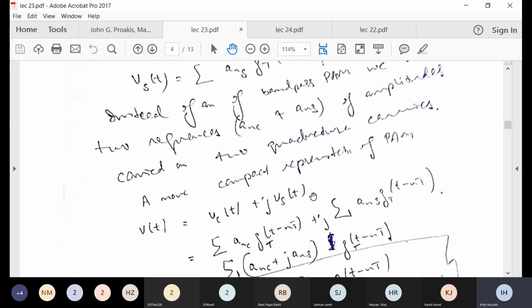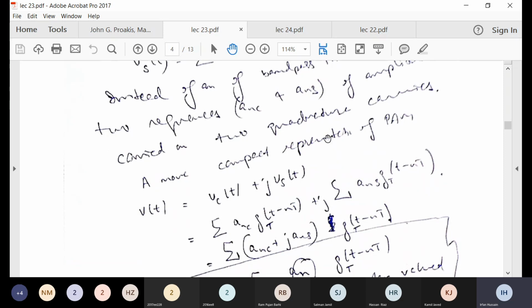So I say that my V(t), the baseband signal, is equal to V_c(t) + jV_s(t), where V_c(t), which is the part that will finally be going through the cosine, is the projections onto the cosine or the x-axis, times g(t − nT), and V_s(t) will be the projections onto the sines. Again, it is the same sequence as above, but we have just put a j so that we can have a compact representation for these two sequences.